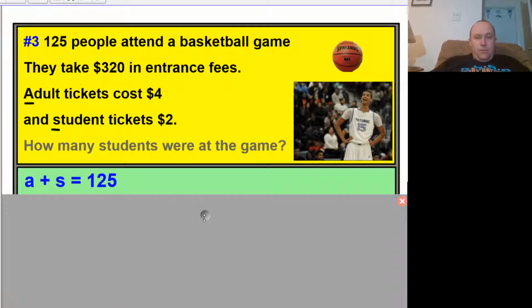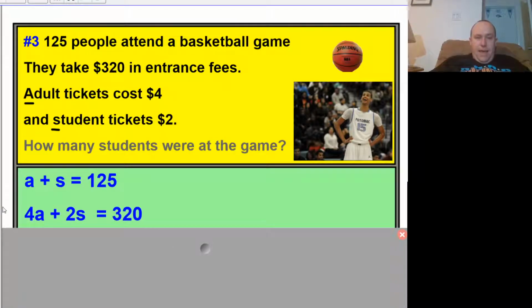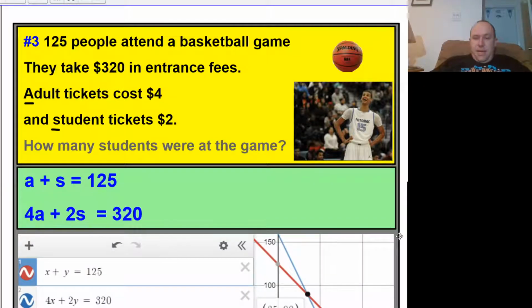So A4, or using the commutative rule, 4A. Once again, we see this word and, which we recognize as add. Student tickets, $2. S2, 2S. What does it equal? Well, obviously the total money that you take. If you add all the money from the adults and the students together, you get the total money, which is $320.